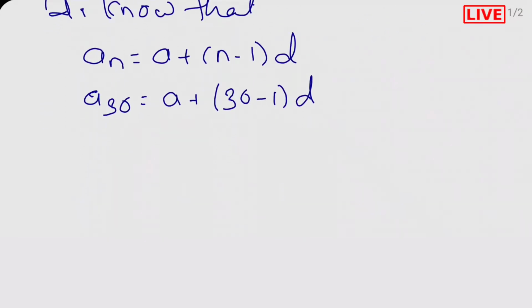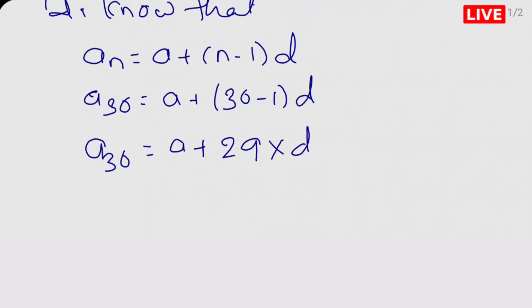So now A30 equals a plus 30 minus 1, which is 29, into d. Now we know the values of a and d, so substitute here. A is the first term, so the first term is 10 plus 29 into d, which is minus 3.